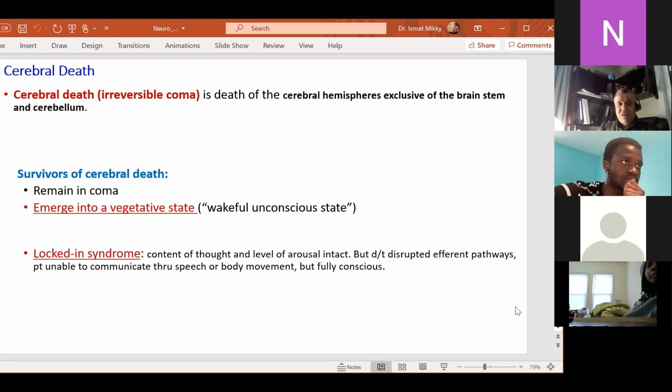It's just informational. Now, cerebral death: the brain damage is permanent, with no behavioral responses to environmental stimuli.